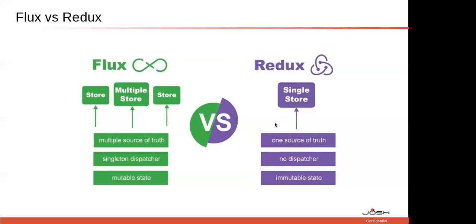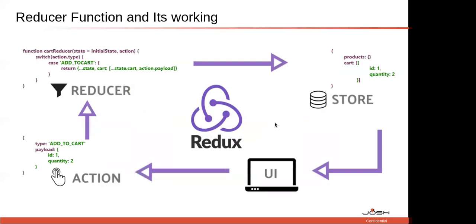Okay, then here you can see the reducer, action and store. The store is just a normal object, the default values which we want to share across the application. We keep them in a store, right? Then we can use that in our UI components through some methods. We'll check that later.